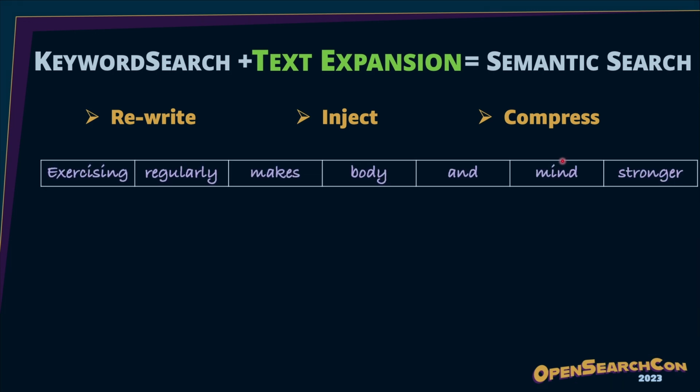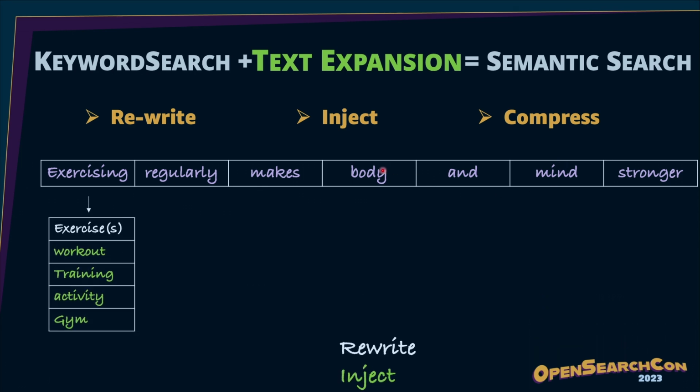Let's cover this with an example. So consider the same document. Exercising regularly makes body and mind stronger. Okay, so how can exercising be rewritten? So maybe exercises could be the rewritten format of exercising. And what would be the new words, injecting new words here? Maybe workout, training, activity, and gym could be possible contextually similar words that can be injected.